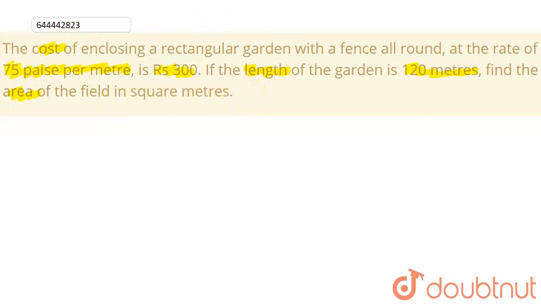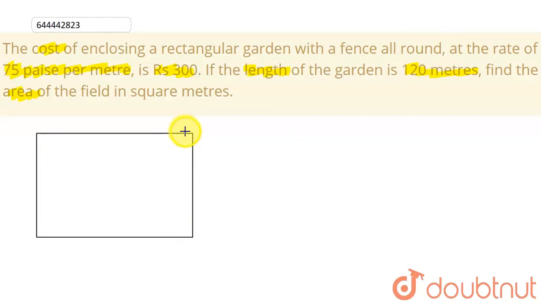So see, in this question we have this rectangular plot, in which the length is 120 meter. This will be our length, and about breadth we don't know. The cost of enclosing it with fence is 75 paisa per meter, which we can write as 0.75 per meter.